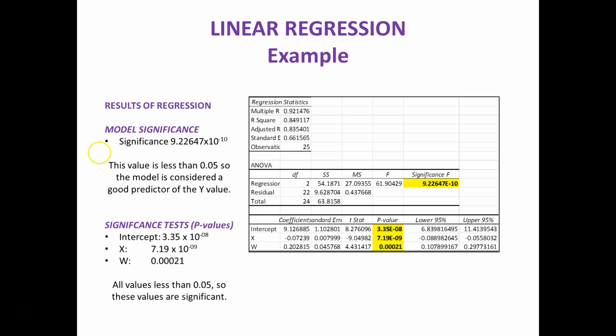Also, let's take a quick look over here at the variables. I have three variables. This is the constant term. This right here is the average temperature, and this is the number of days the plant's open. All three of these numbers are very small: 10 to the minus 8th, 10 to the minus 9th, and 0.00021.